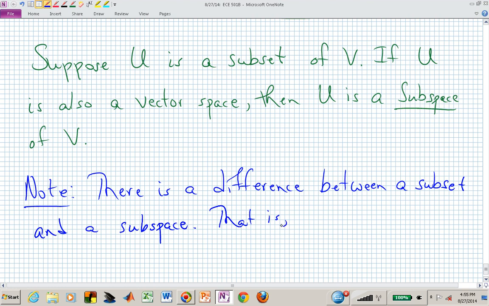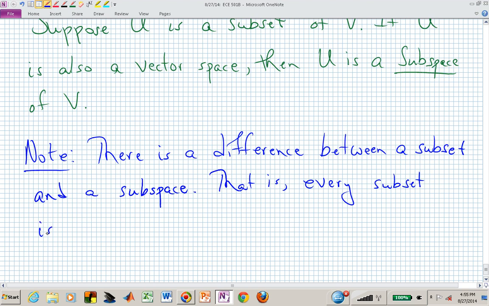Or another way of thinking of that is every subset is not necessarily a subspace.